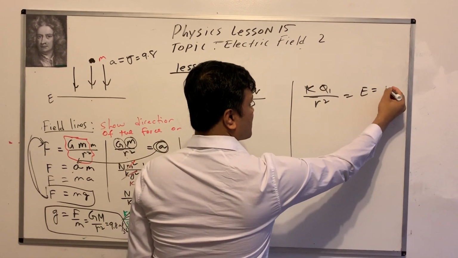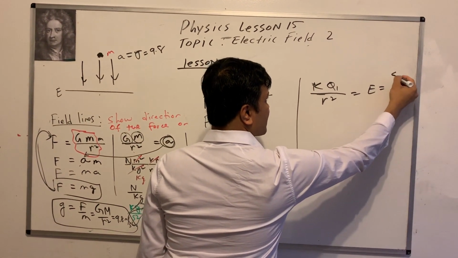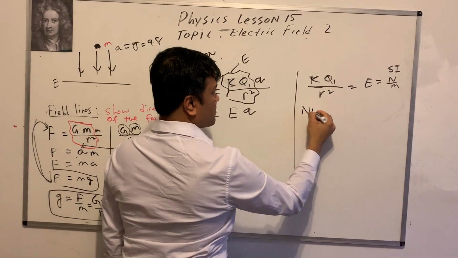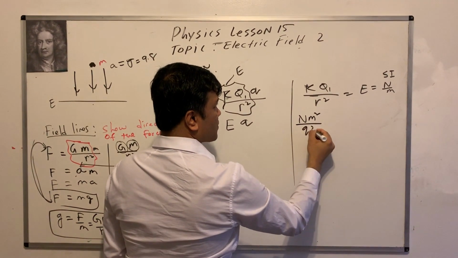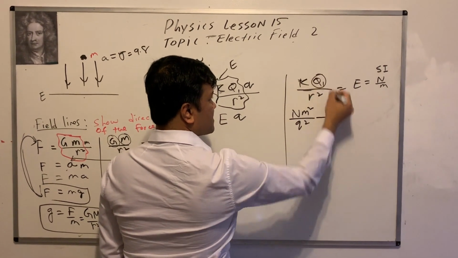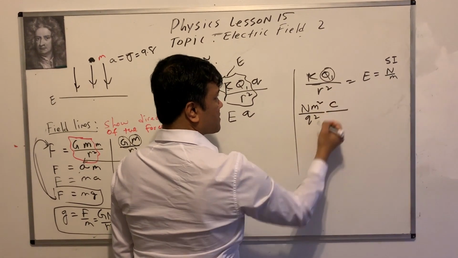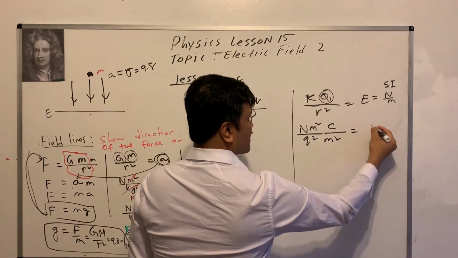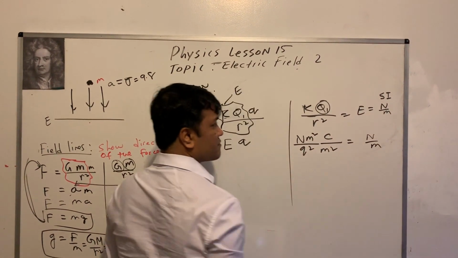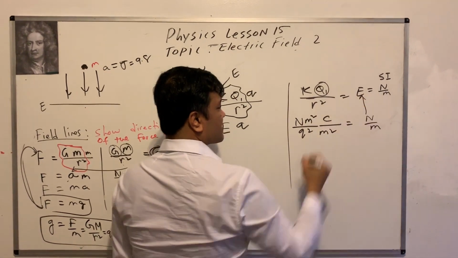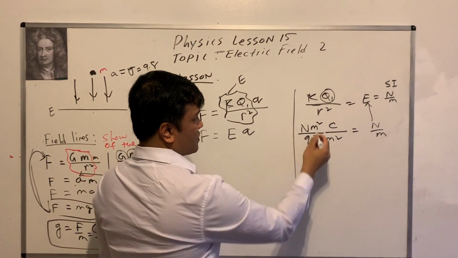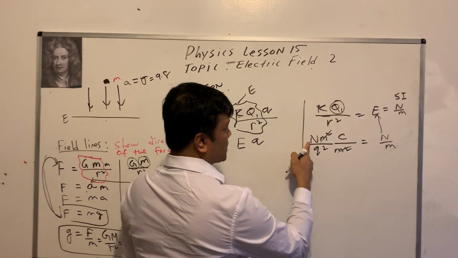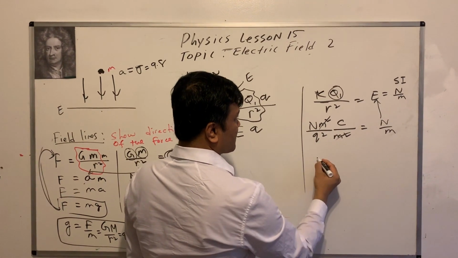Because E is equal to Newton over meter, the SI unit. Now, K is Newton meter square over Coulomb square. And 1 charge is Coulomb. And this is meter square, which is N over M, because N over M is E. So meter square cancels. We have Newton Coulomb over Q square.